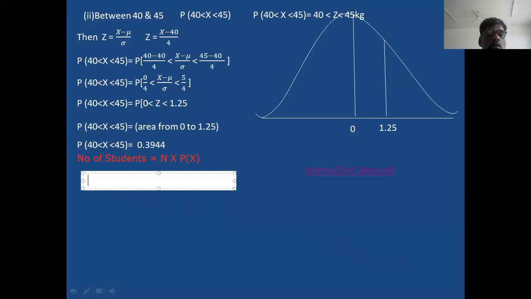So number of students is equal to n is 1000, into probability is 0.3944.